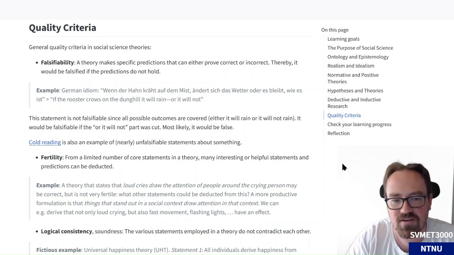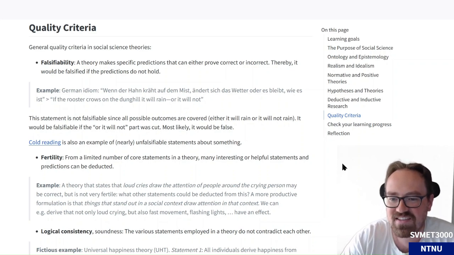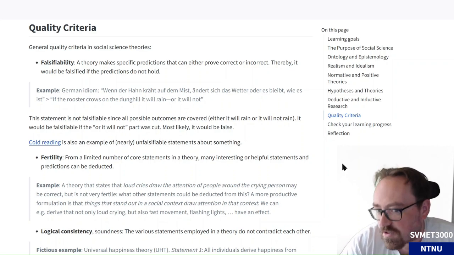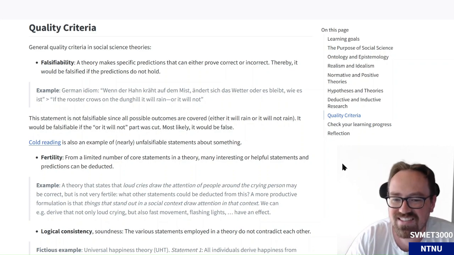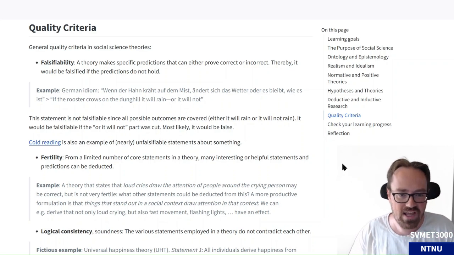There's a German idiom that I'd like to cite here as an example of a non-falsifiable statement. It says in German, "Wenn der Hahn kräht auf dem Mist, ändert sich das Wetter oder es bleibt wie es ist." That translates to: if the rooster crows on the dunghill, it will rain or it will not. Right? So that is a so-called farmer's rule, but this is not a rule at all.